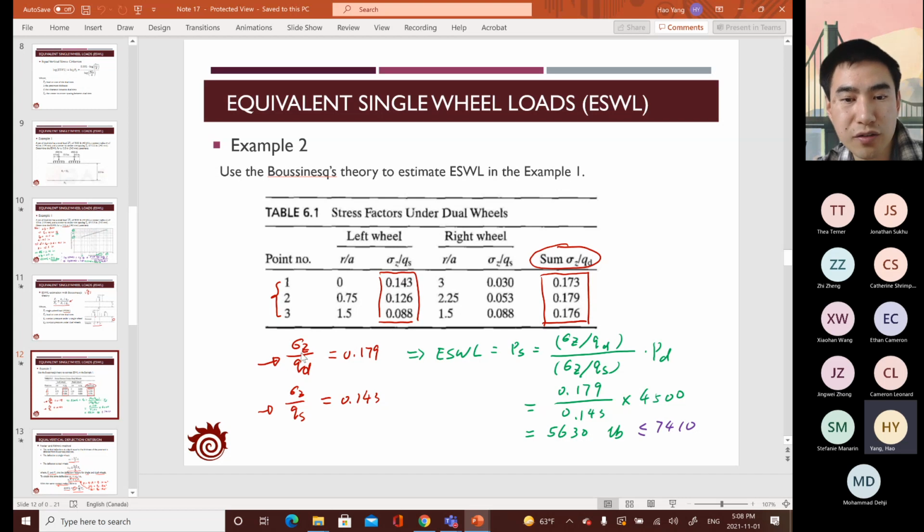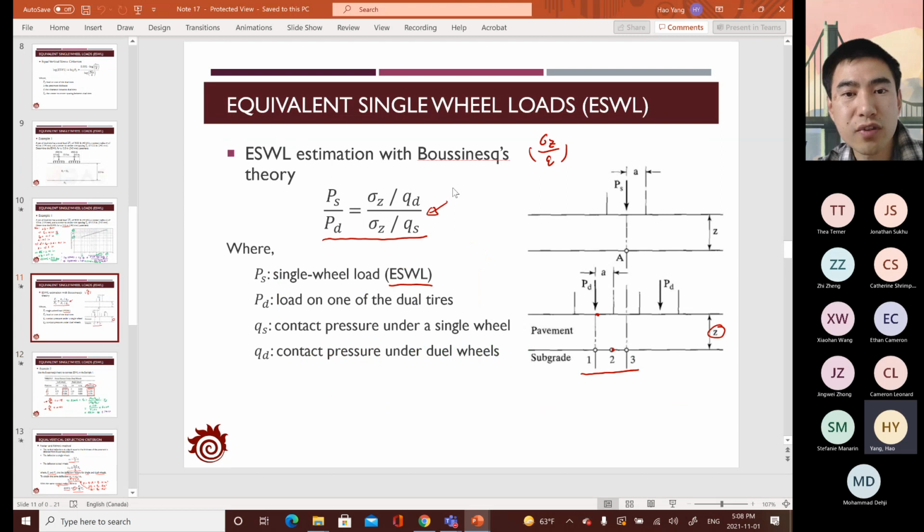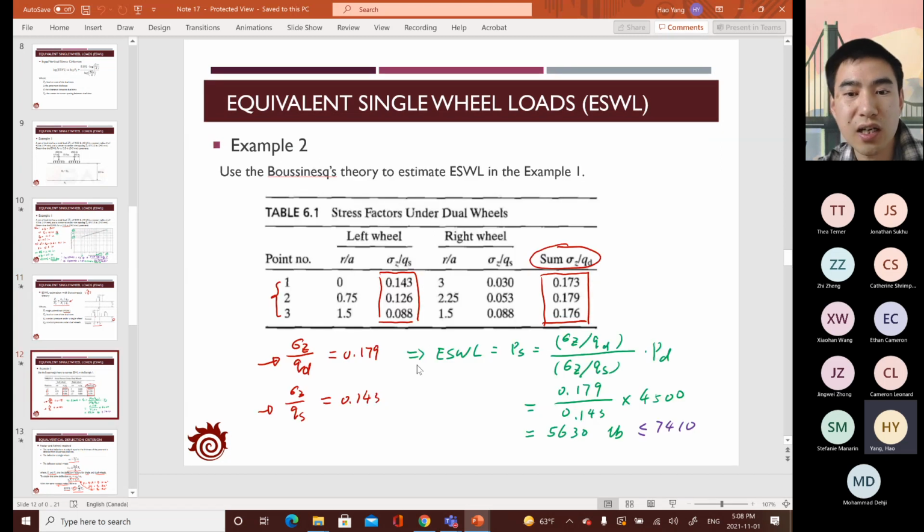So now you have these two values. Then we can recall this equation to calculate the value of ESWL. Here, ESWL is just PS, and PS equals sigma z over QD divided by sigma z over QS, times PD. From our previous description, we know that sigma z over QD is 0.179, which is the maximum value in this column, and sigma z over QS is 0.143, which is the maximum value in this column.